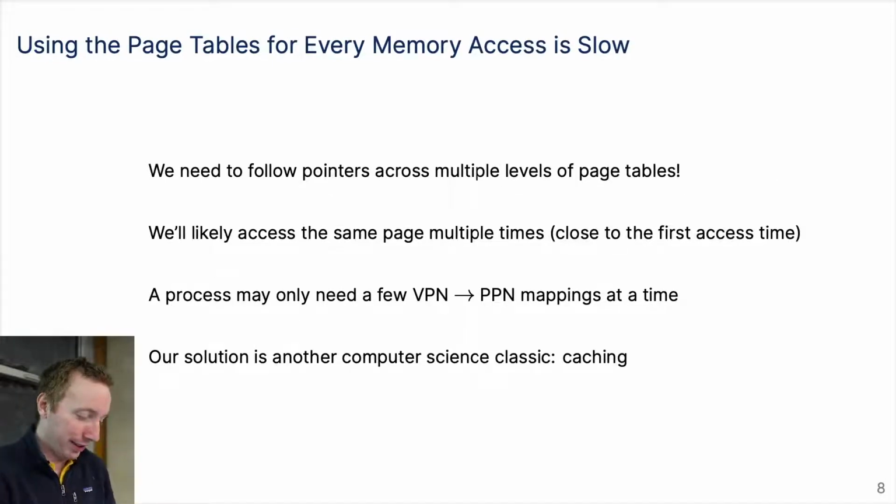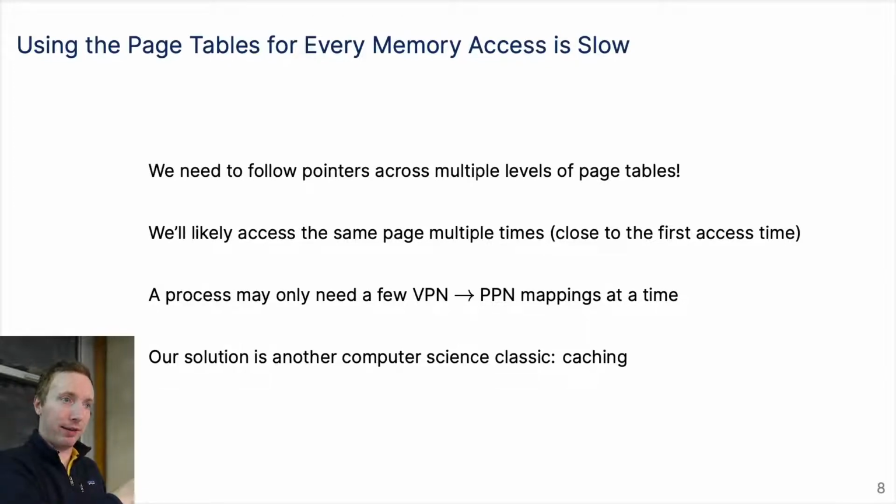So you might think this is painfully slow. If you have to use page tables for every single memory access, that seems really slow, because you have to follow pointers across multiple levels of page tables. For instance, say you're accessing virtual address FFFFF, whatever, and there were 3 levels of page tables. Instead of just reading that memory and dereferencing that address, to figure out where that address is in memory, you first have to access the L2 page table.